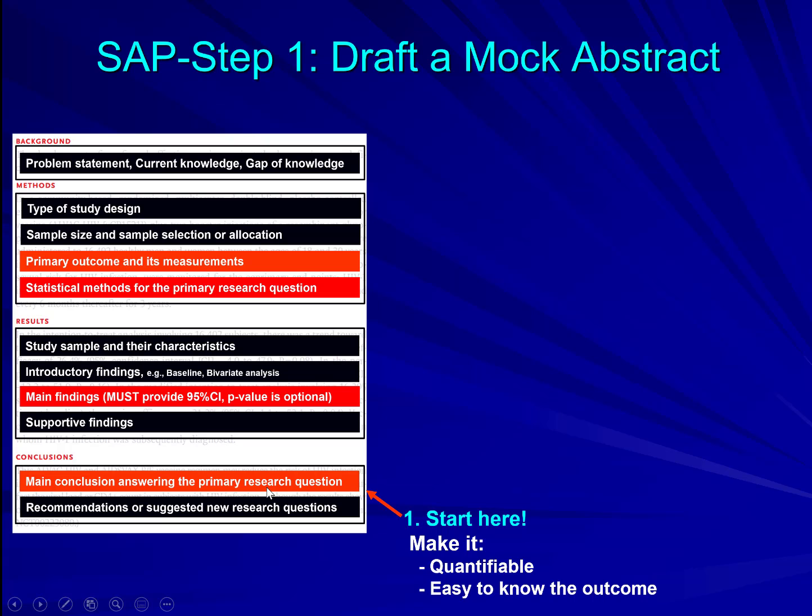It will help the audience to know where to look for the evidence, if we put it like that. It will be quantifiable if we say something like, this vaccine can prevent HIV infections, for example, because these terms are quantifiable.